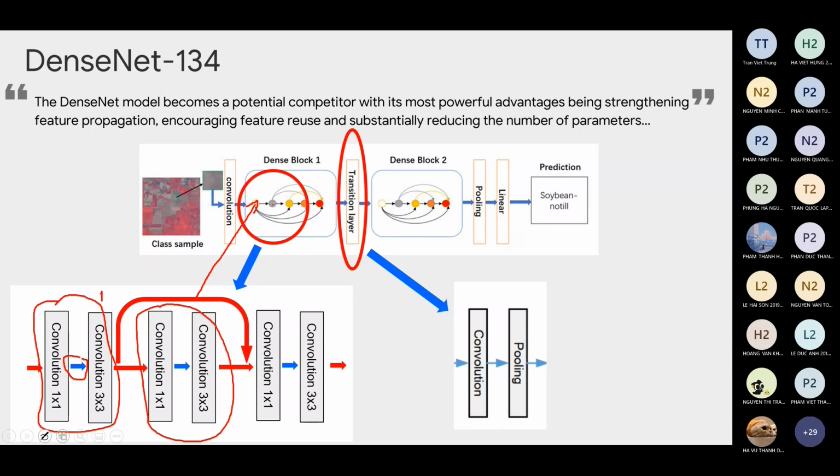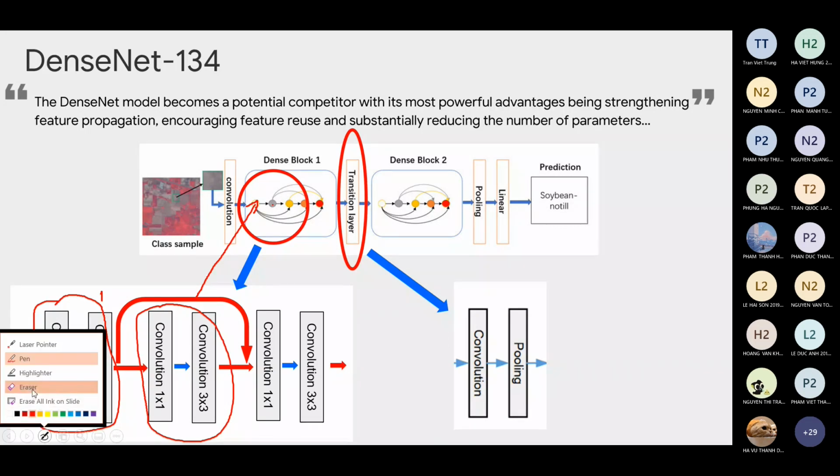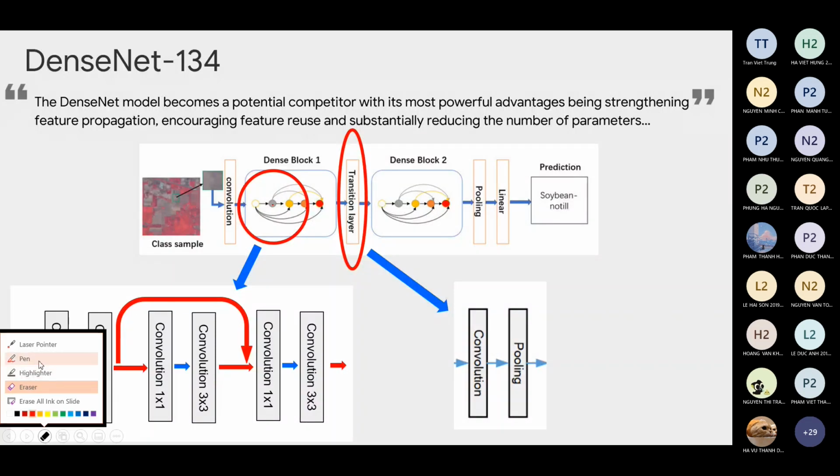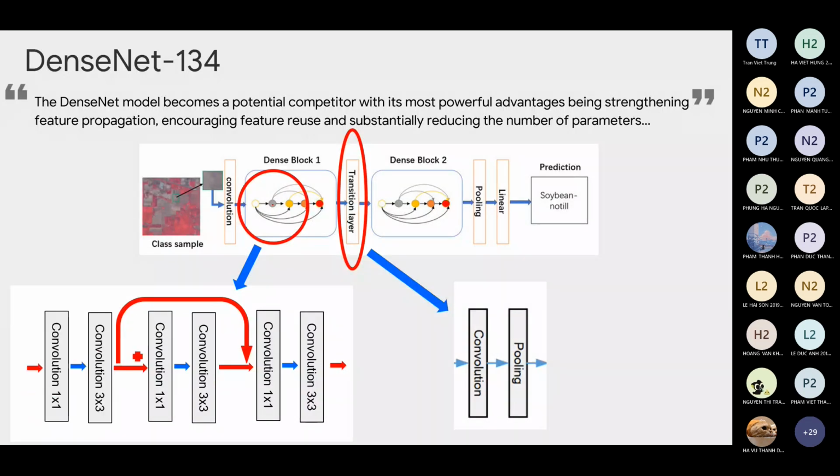And when the feature flows through those structures, they do not drop anything, but they keep connecting the feature to the next sub layer, the next bottleneck.